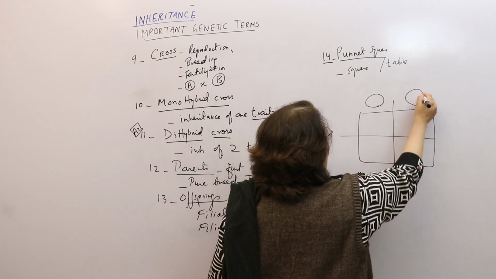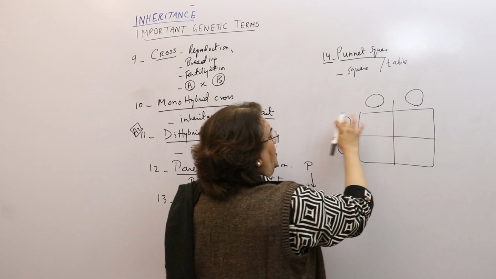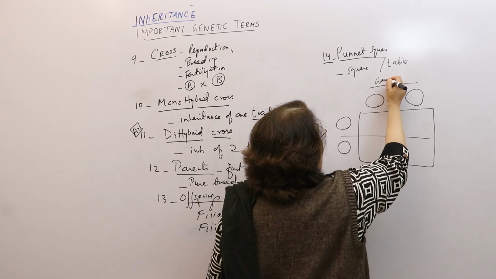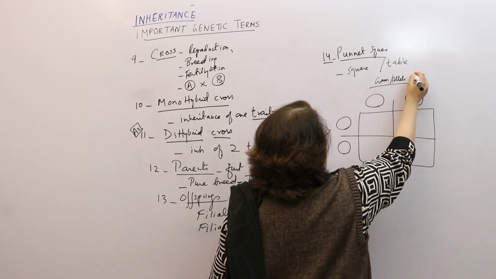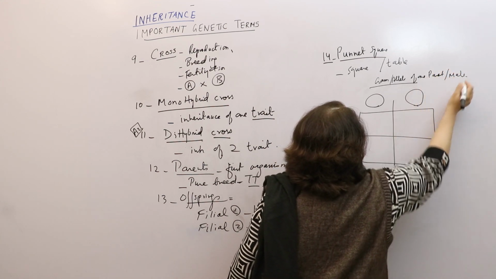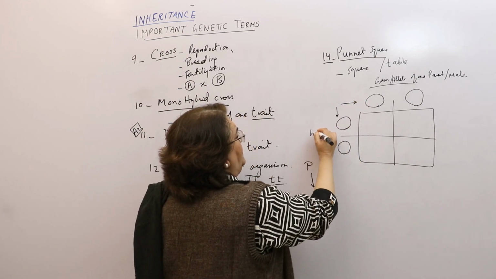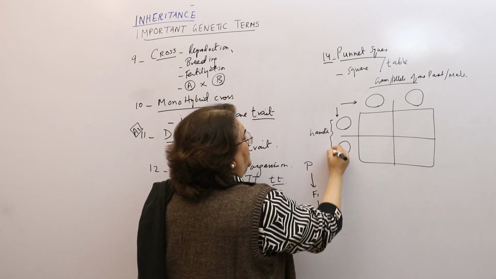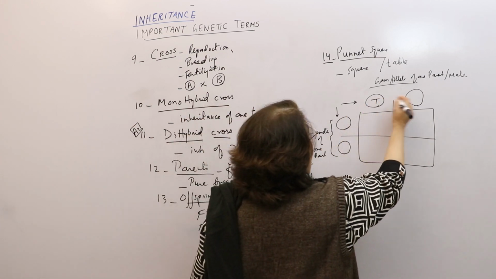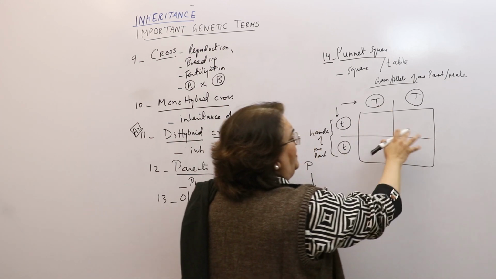The gametes or alleles of one parent are placed above the columns, and those of the other parent next to the rows, generally the male parent if we're looking at gender. Then the table is filled up accordingly.